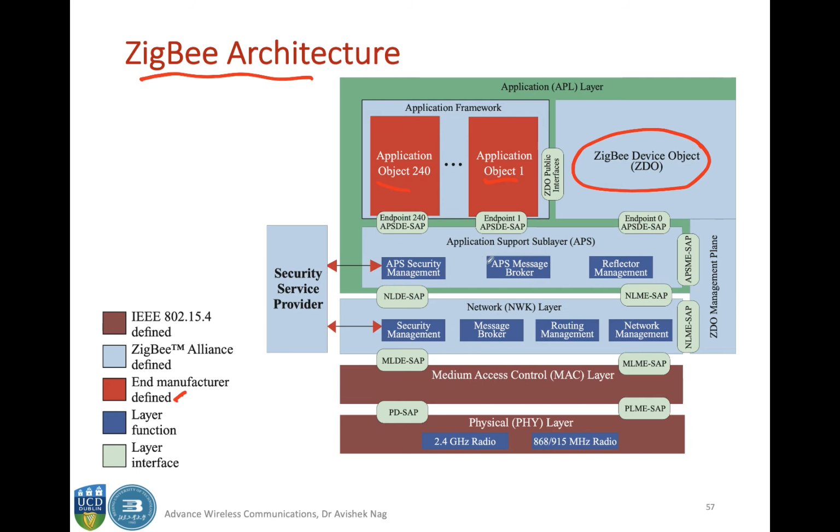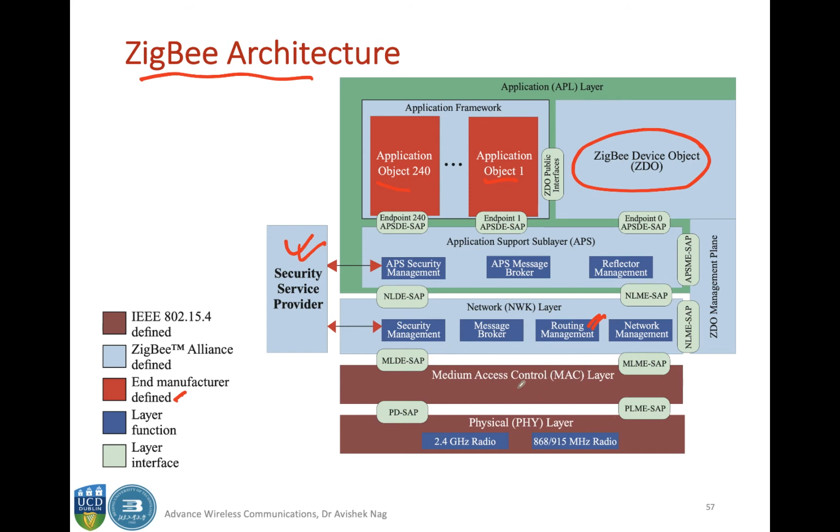And then the application support sublayer does a lot of new functionalities, the most important being the security service provider. Okay, and in the network layer you have special features which manage the routing. Okay, and then there are many other sub functions also.